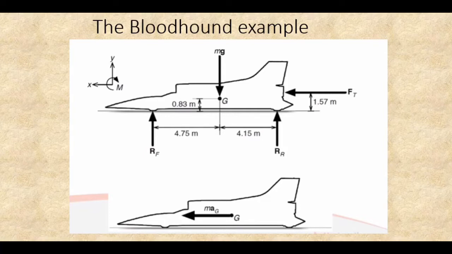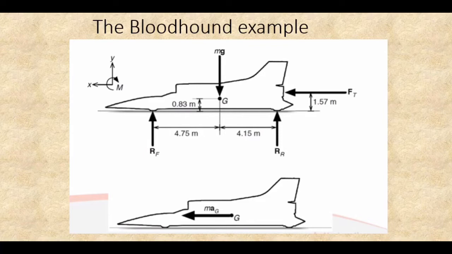Here is our free body diagram of the Bloodhound. You can see clearly we have indicated our coordinate system with x to the left being positive, y upward being positive, and we've got the positive couple moments in the clockwise direction. We've also indicated all the forces acting on the Bloodhound supersonic car. So we have the thrust force of the engine being applied to the left.